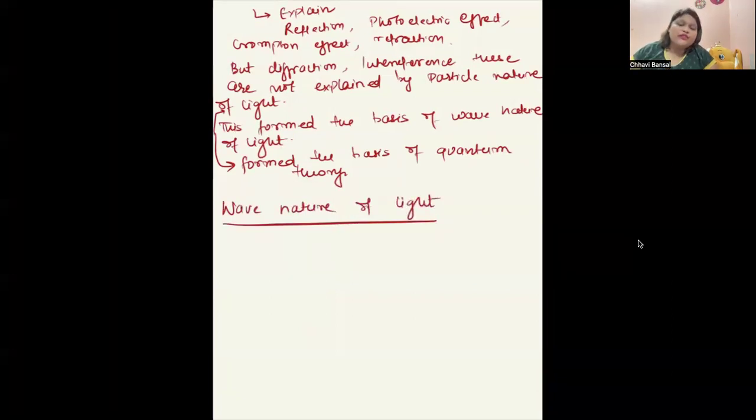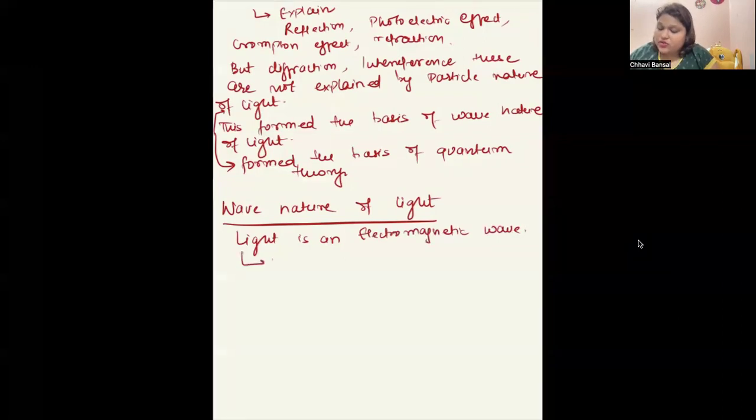So according to the wave nature of light, light travels in the form of a wave. And which wave? Electromagnetic wave. Light is an electromagnetic wave. What does electromagnetic wave mean? It means the wave has both components, the electrical component as well as the magnetic component. Okay.